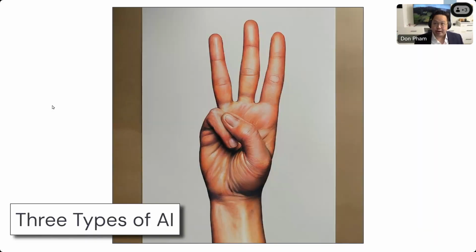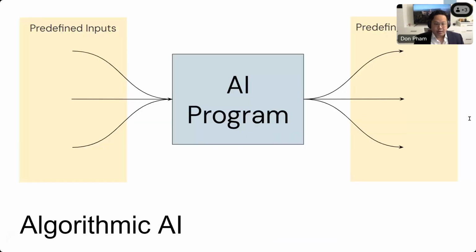So I've classified three different types or tiers of AI to help everybody understand. The first is what I call algorithmic AI, and this utilizes predefined inputs to create predefined outputs.